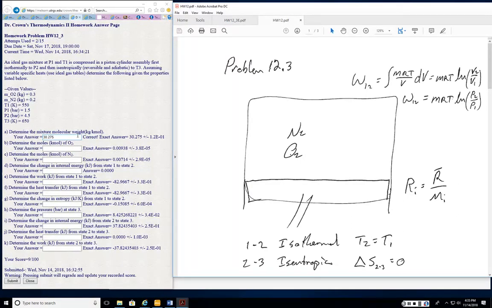And if I do the same thing for nitrogen, I take 0.2 divided by 28, and that's kilogram per kilomole, so I'll end up with moles. And 0.3 divided by 32 for the oxygen will give me moles of oxygen.